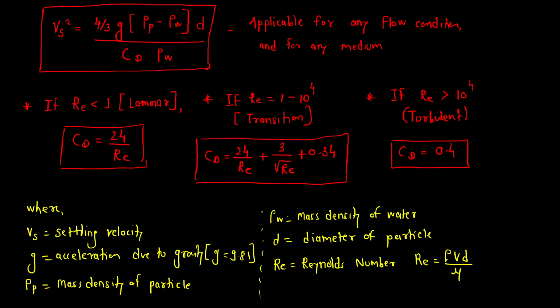So here rho is mass density, V is velocity, d is the diameter, and this mu is called dynamic viscosity. So you can see that the settling depends on the viscosity of the liquid also. So these are all the terms which are present. Now this settling velocity we have to use in plain sedimentation only for the laminar flow condition.